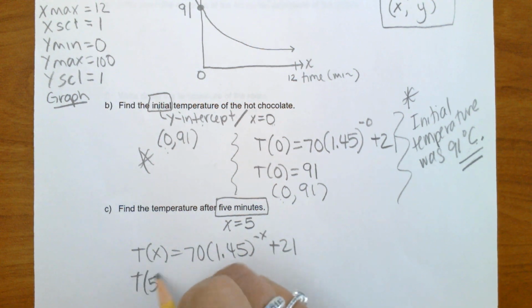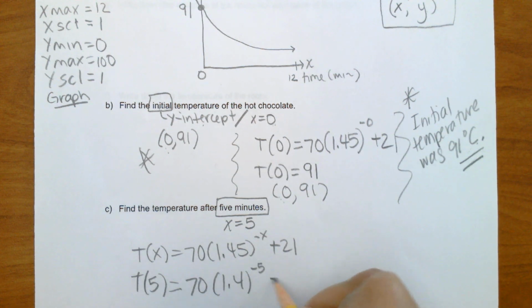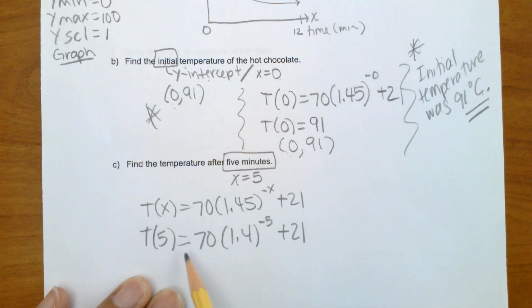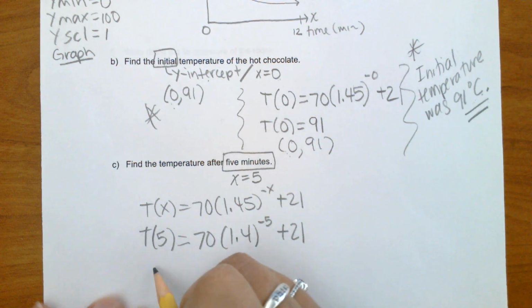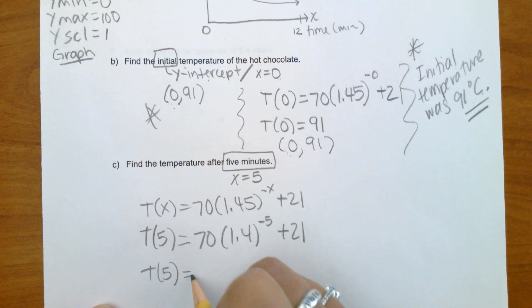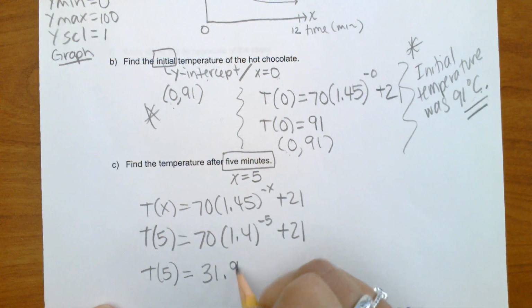So t of 5 equals 70 times 1.45 to the negative 5 plus 21. You're going to put this in your calculator just like we did here, but now it's negative 5. And you're going to come out with, when I put my 5 in, 31.9.